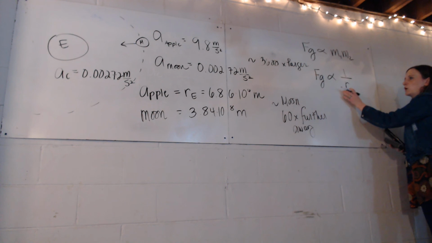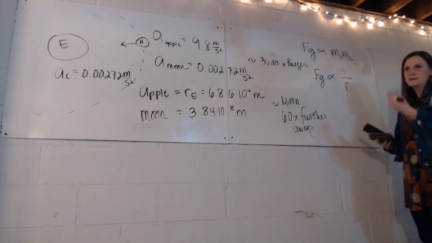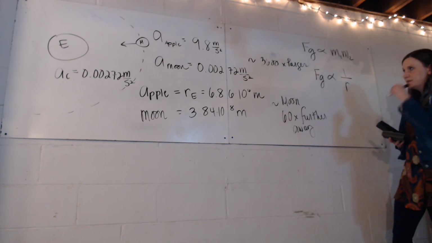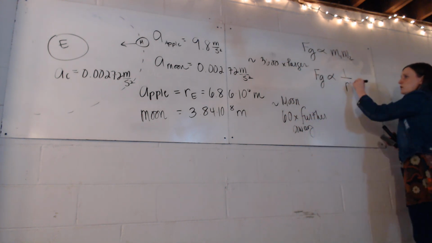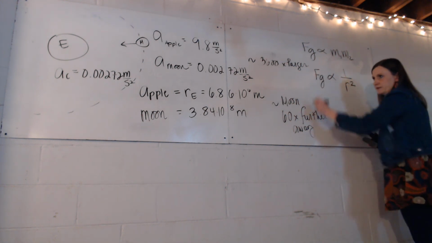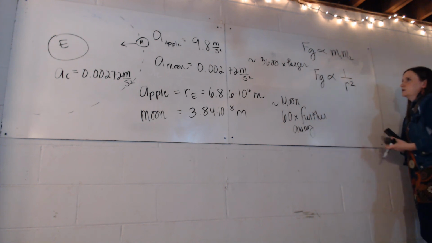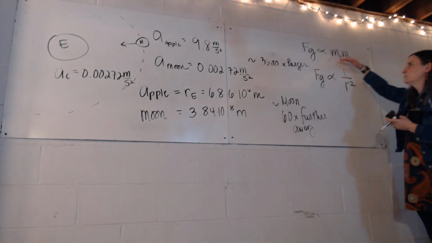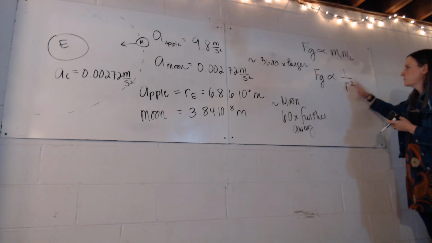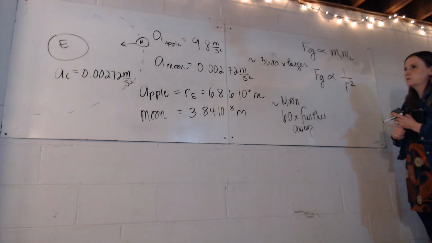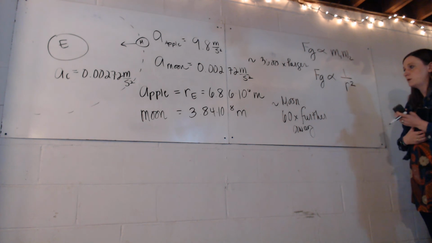We call it R instead of D just because it would end up causing an orbit sometimes. And when we look at this, it's actually R squared. And that comes directly from this moon business. So the force of gravity is directly proportional to the product of the two masses and inversely proportional to the square of the distance between the two objects.